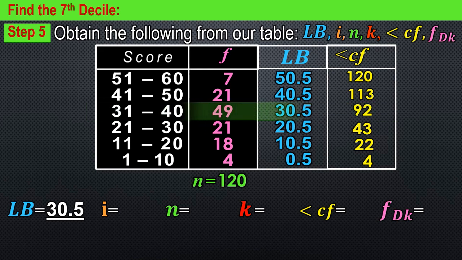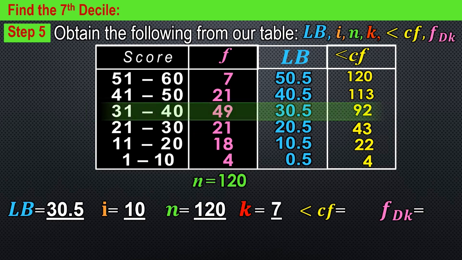So look at the highlighted numbers. Then our I is 10. Again, I equals 10. Number of observations equals 120. The decile of interest or K is 7.